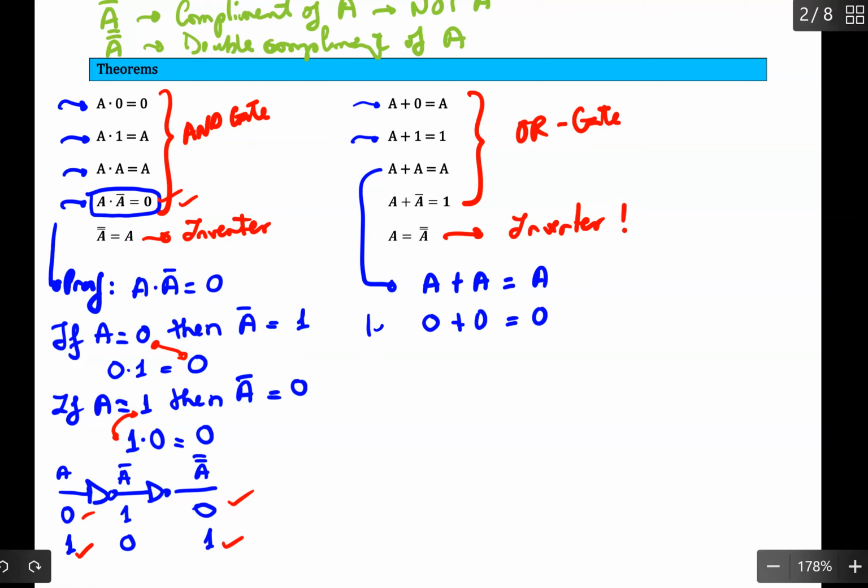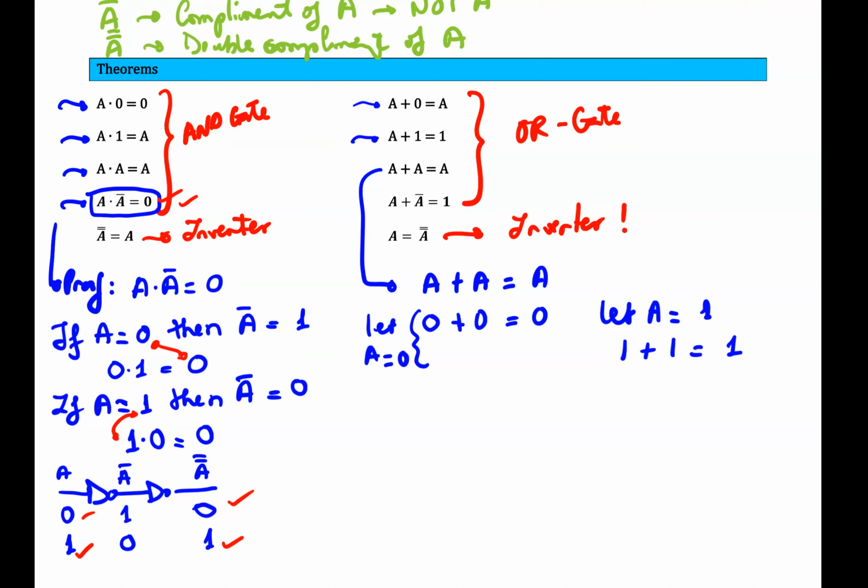If you let A equal to 1, then in this case you have 1 or 1, which is also equal to 1. Both of your signals are 1, so your output has to be 1.